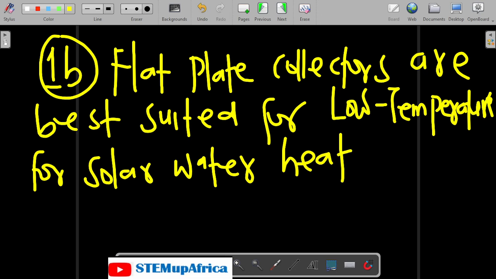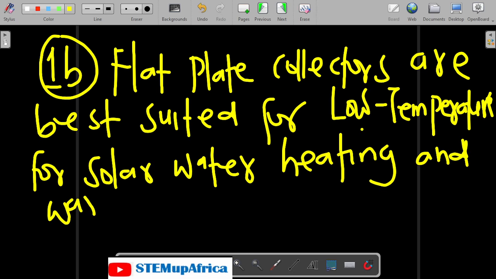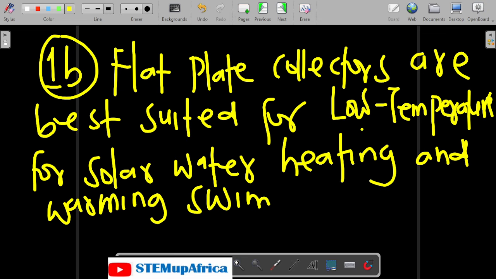So this topic falls under solar collector, solar water heating, and warming swimming pools. So that is what the flat plate collectors do.